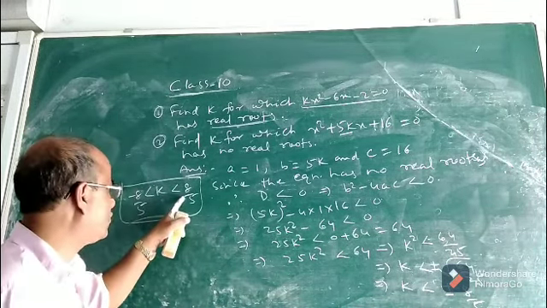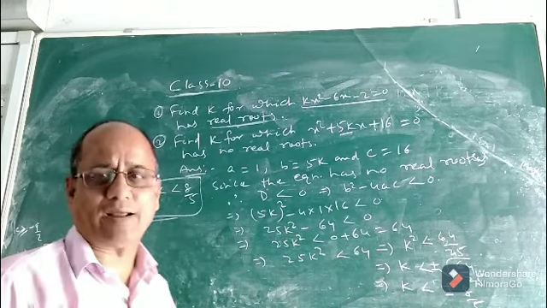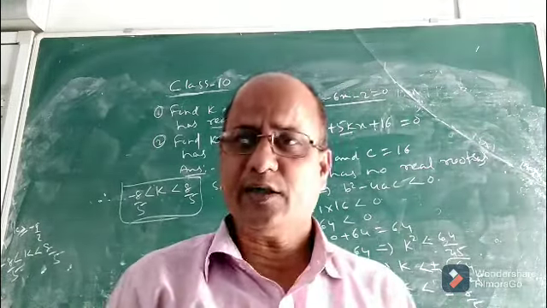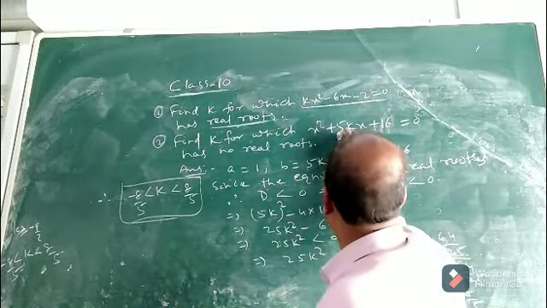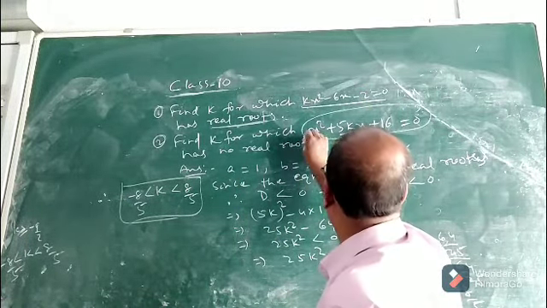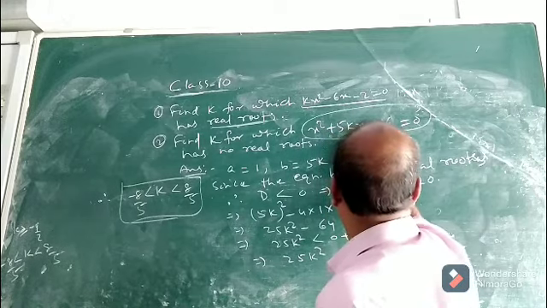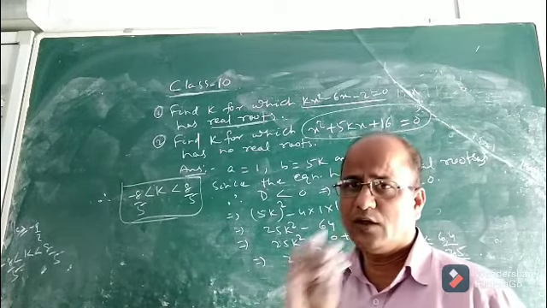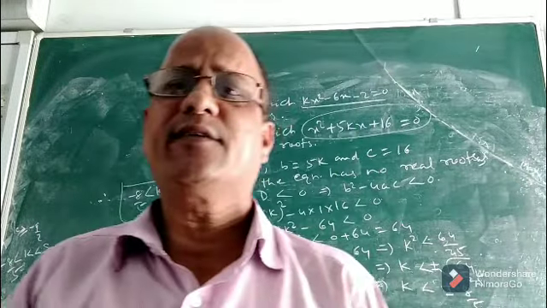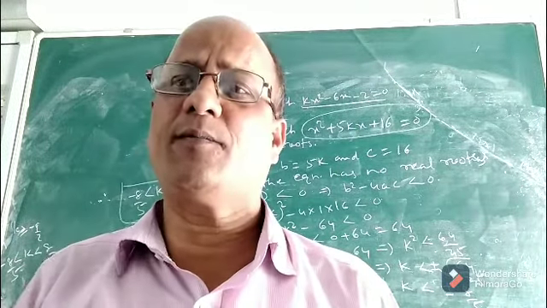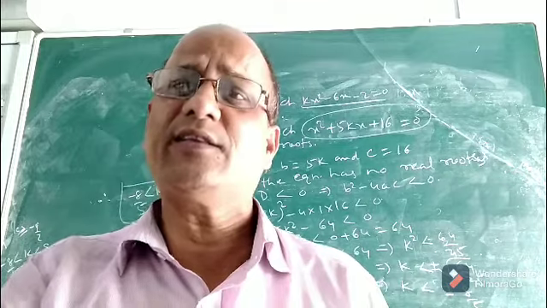Only if k is less than 8 by 5 and greater than minus 8 by 5 will the equation x square plus 5k x plus 16 equal to 0 have no real roots, meaning it will have only imaginary roots. Children, I hope you understood the problem I discussed on nature of roots.